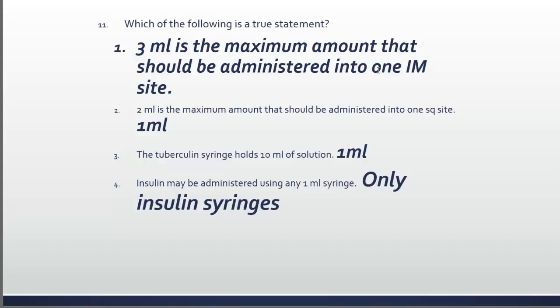So the correct true statement is this. Why? Because this one is wrong. Only 1 milliliter can go on the SQ site. This one is wrong because the TB syringe only holds 1 milliliter. And insulin may be administered using any syringe. That's not correct. You can only use an insulin syringe.